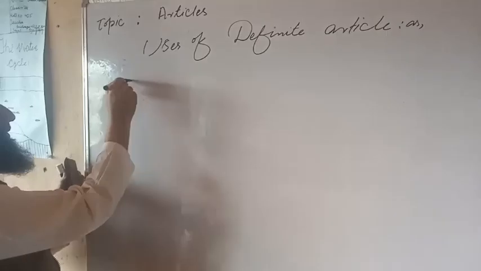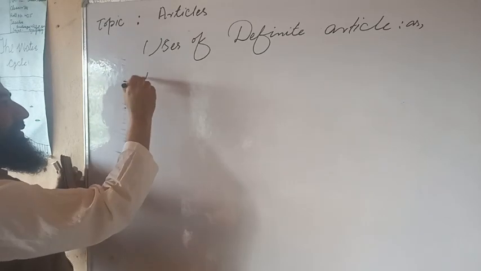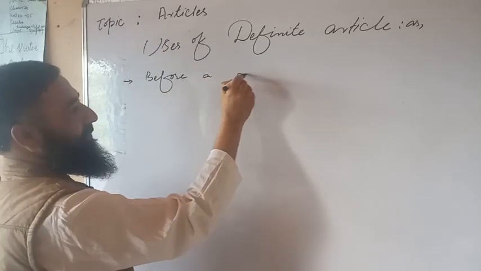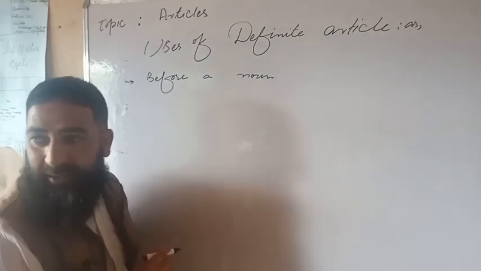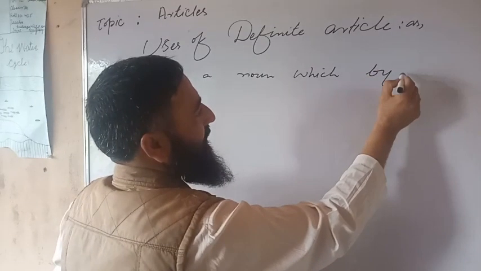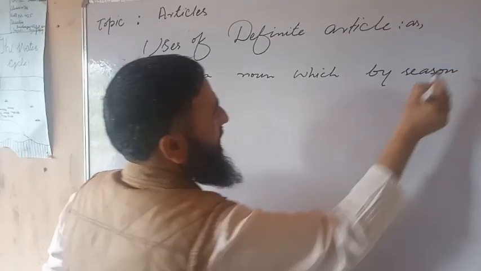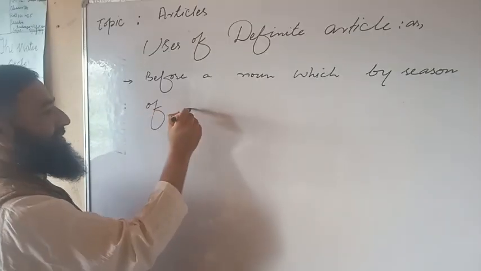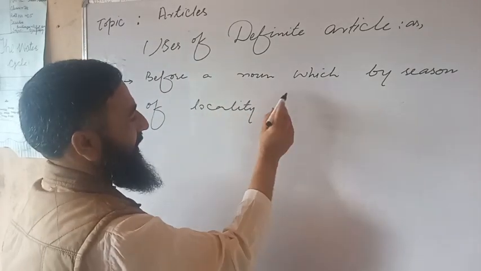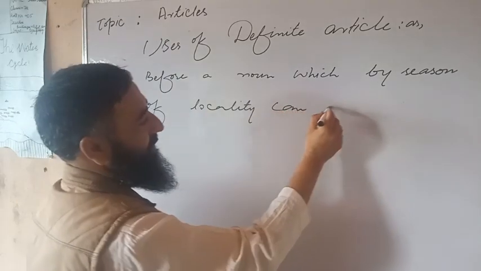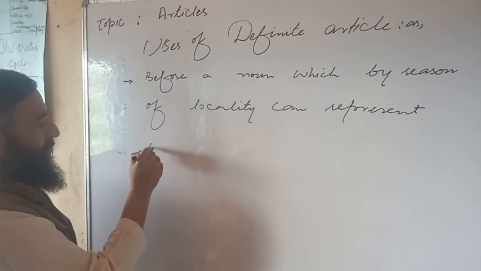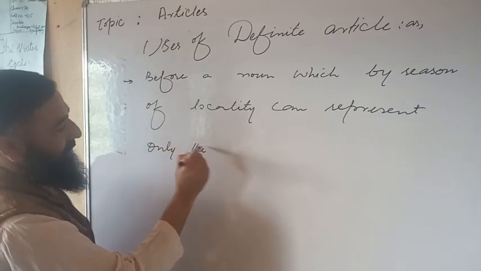Now, the next rule: before a noun which, by reason of locality, can represent only the particular thing.